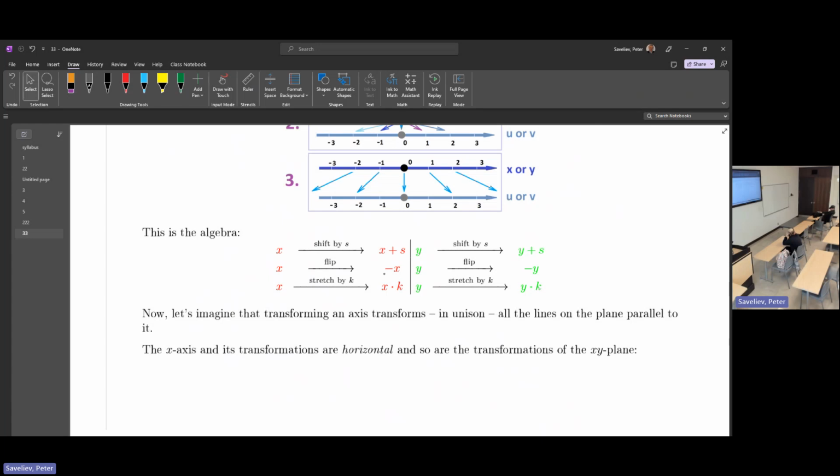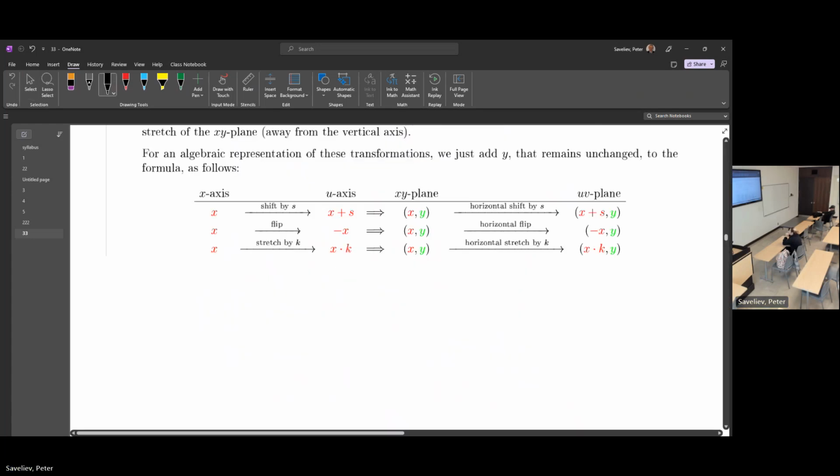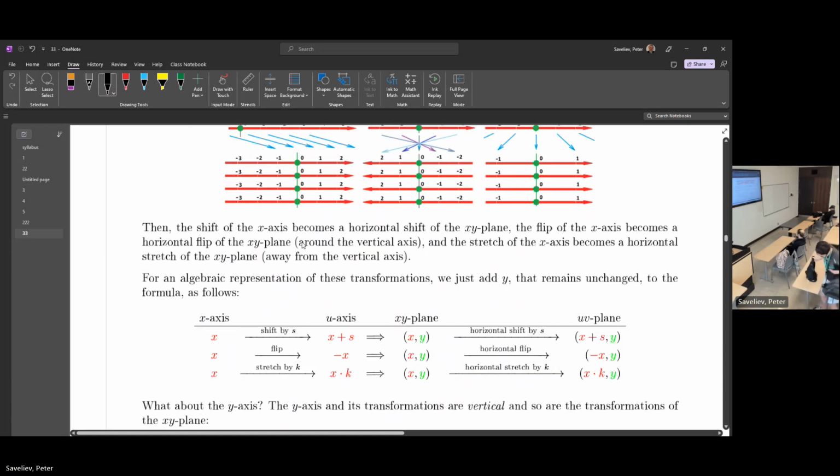Okay, so once again, three transformations. Look at x, the left part of the table. The left part of the table is still the one-dimensional x-axis. x transforms exactly like x goes to x plus s, while y in green remains intact.